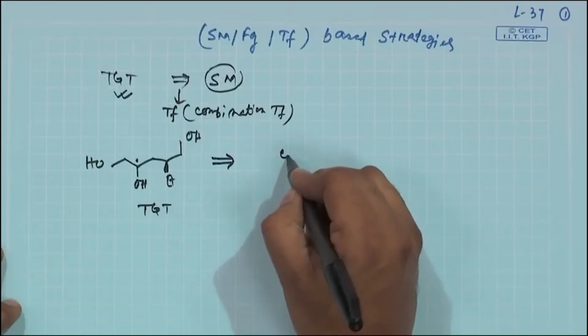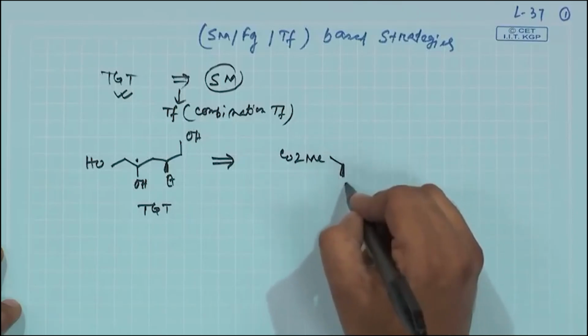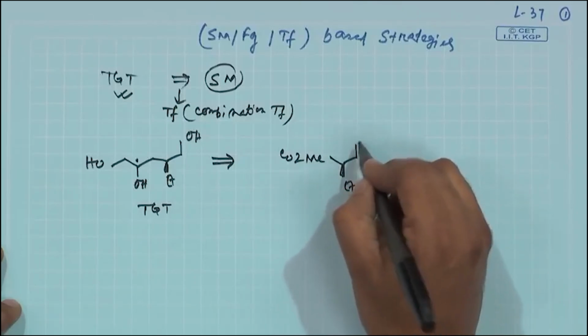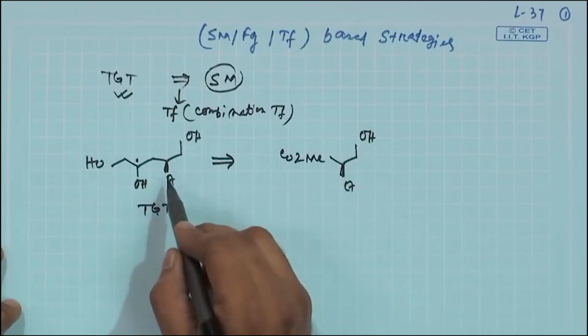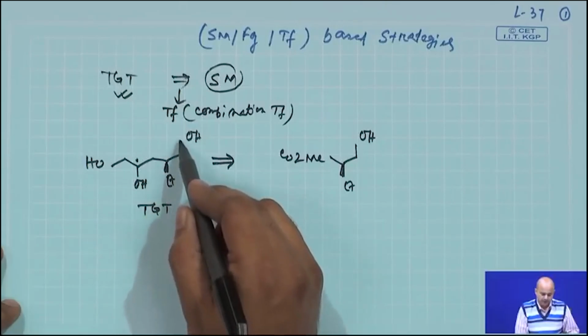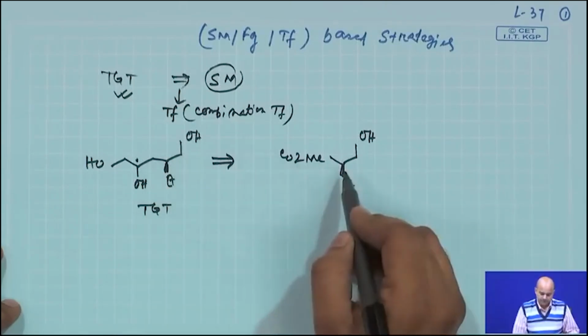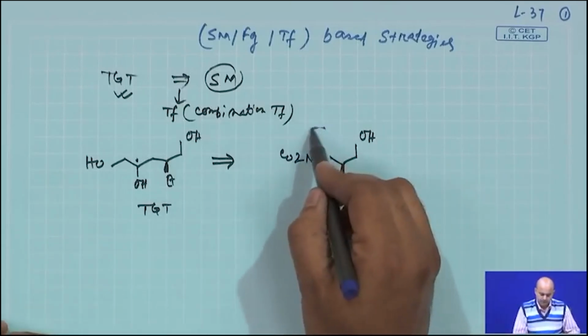The starting material which was given to you has this structure. Now, see, this target molecule has a stereochemically pure ethyl appendage at this carbon as well as a hydroxymethyl group here. The starting material also has the same structure.